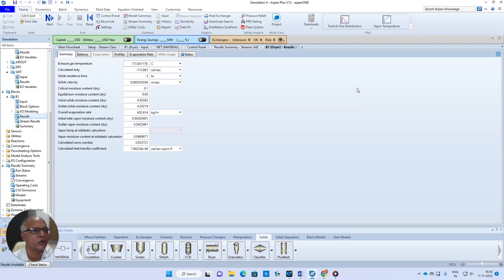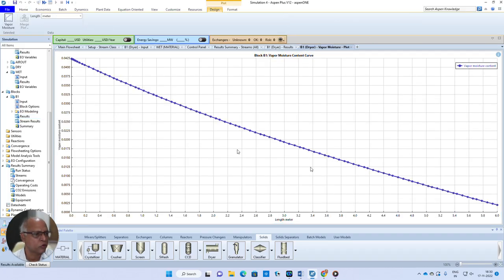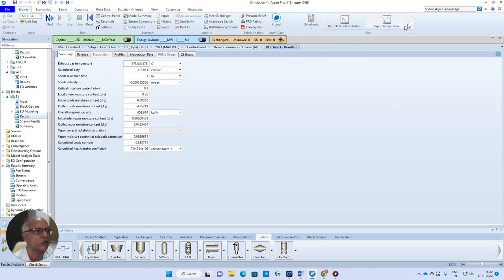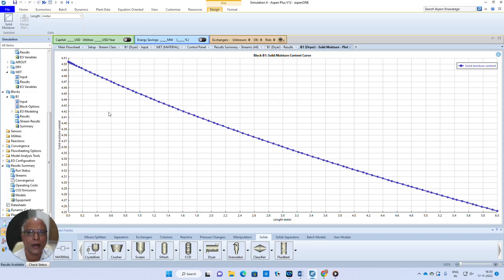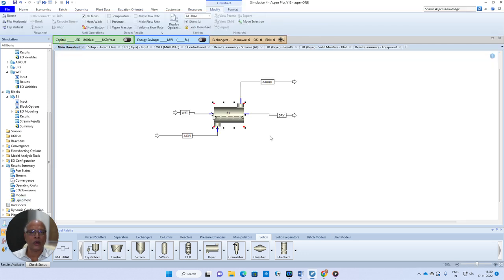So like this, you can observe what is happening to various profiles. How the vapor moisture is changing, how the solid moisture is changing. So this is how the moisture content is changing with respect to the vapor, and similarly, you can see how the solid moisture is changing. So we were able to calculate whatever is required as per the problem statement.